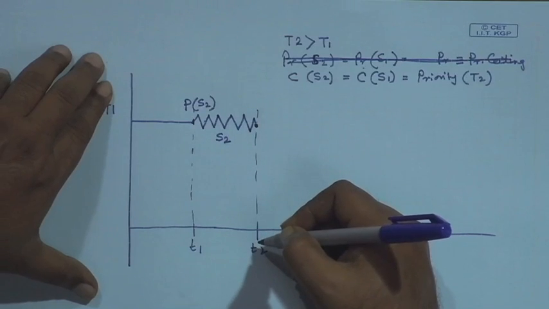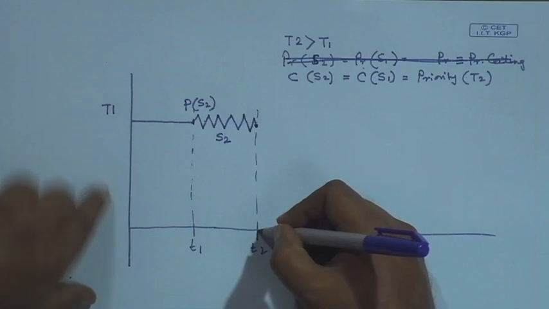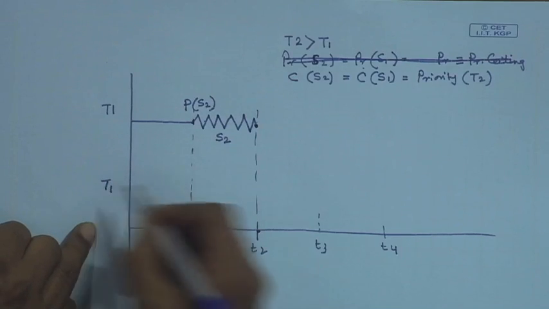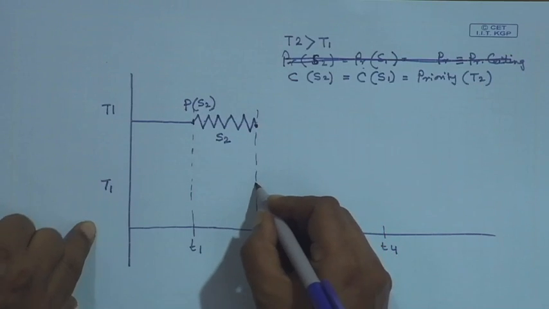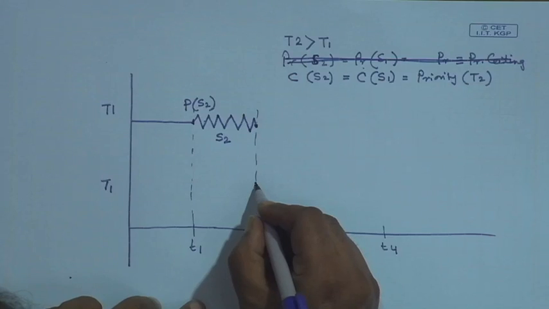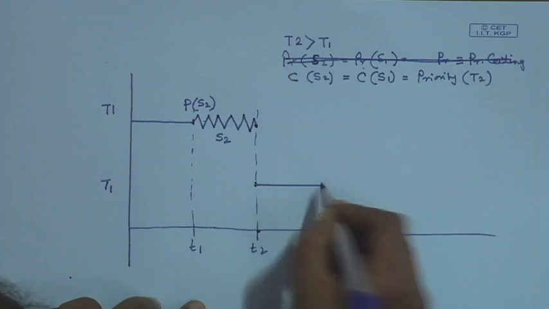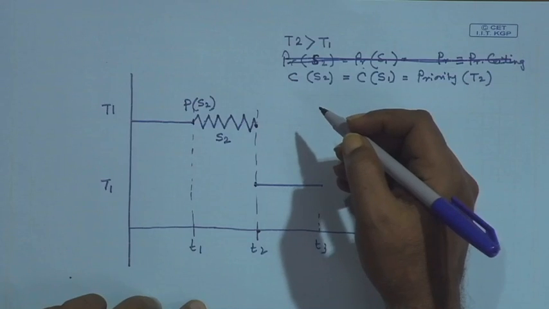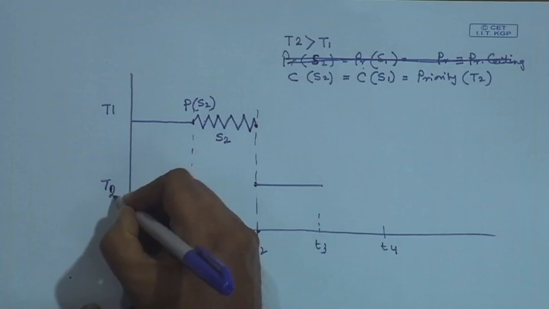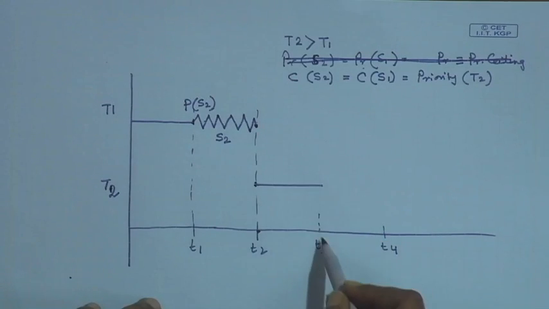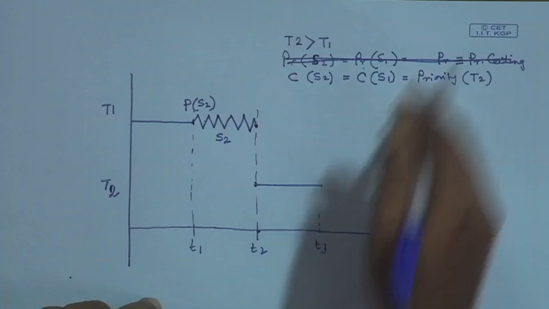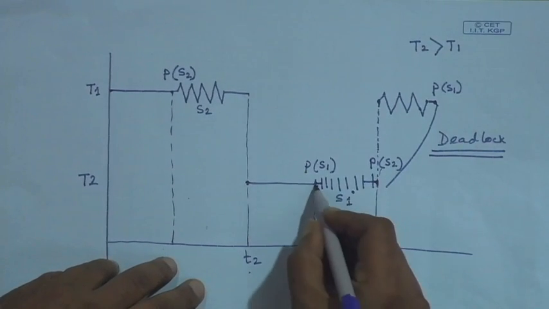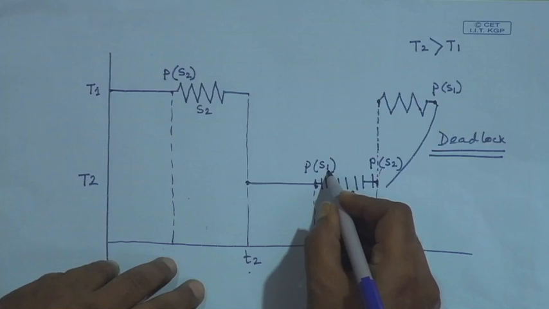At time t2, T2 arrives, and having the higher priority it will carry on up to time t3. At this point, as in the earlier case, it is asking for resource S1.